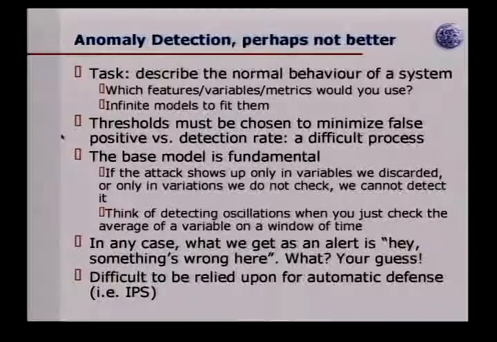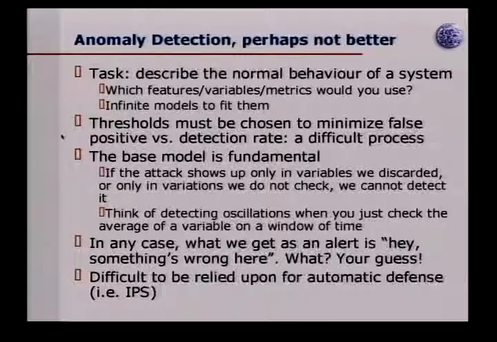If you are lucky, and if your system is particularly well built, it will also tell you how it detected something anomalous. For example, it will tell you, look, this variable is anomalous. So you can have some hints for figuring out what's going on. But in most cases, you will never get an alert which is as precise as the alert of a misuse detector.